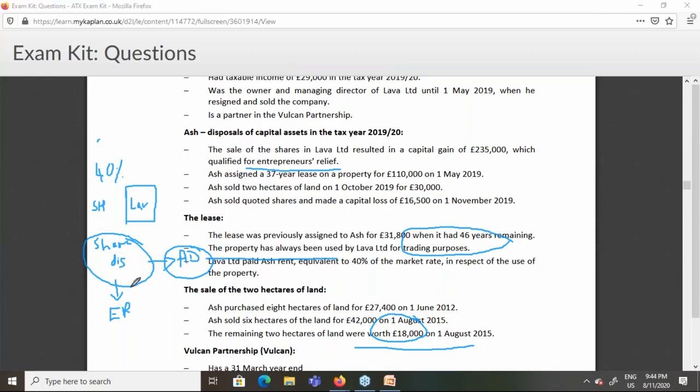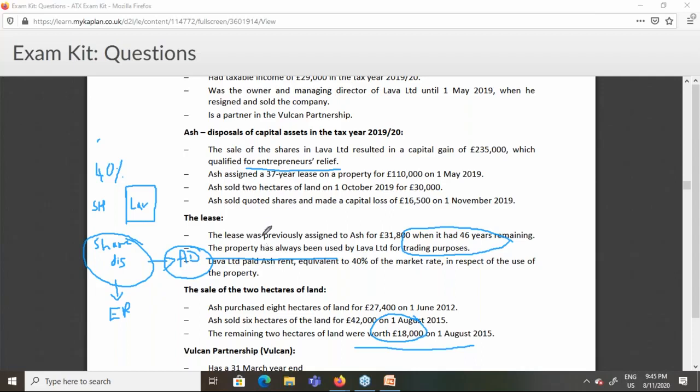Then the next condition is, the lease, the associated disposal asset, must have been owned by Ash and used by Lava Limited for the purpose of trade at least for a period of 2 years. So the leased property must be owned by Ash and it should have been used by Lava Limited for the purpose of trading at least for a period of 2 years.